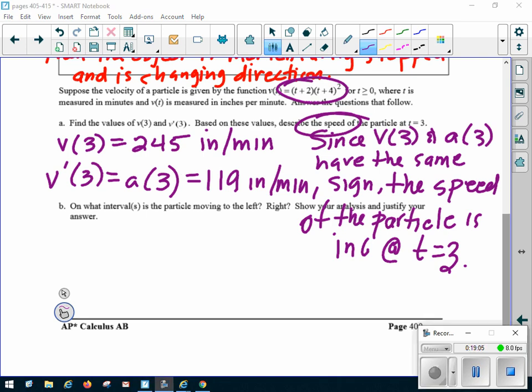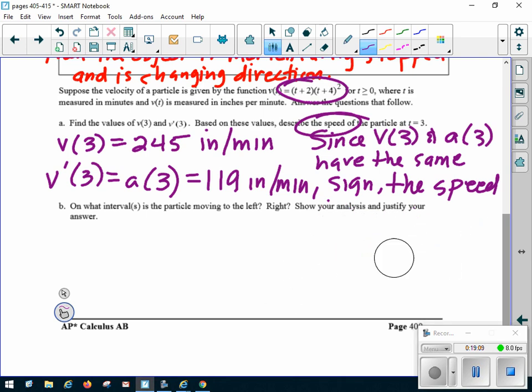Right, we're on B. On what interval is the particle moving left and right? What? Aha! I'm going to do a sign analysis of what? You should use a critical number because you have to find the derivative. Of what?